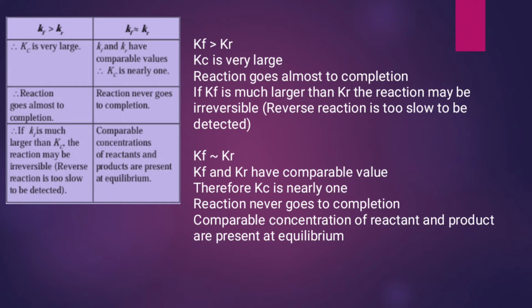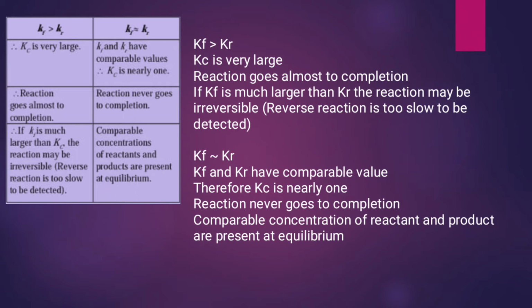This means that the forward reaction and the backward reaction go on with the same speed and the reaction never goes to completion. Comparable concentrations of reactant and product are present at equilibrium. So in the equilibrium reaction, the reactant and the product are present and they are comparable.